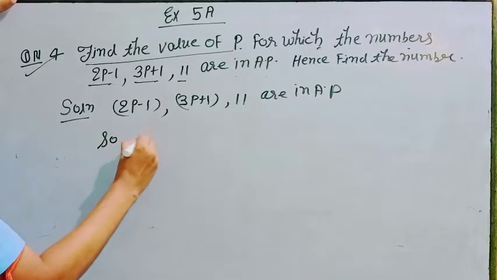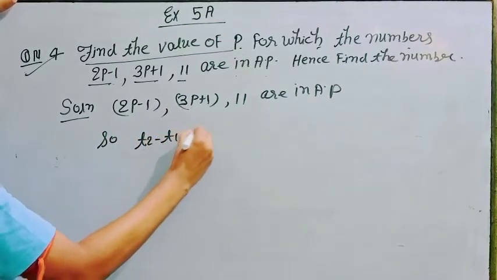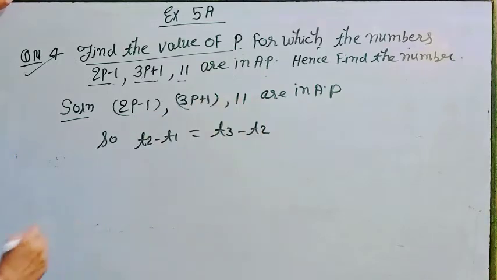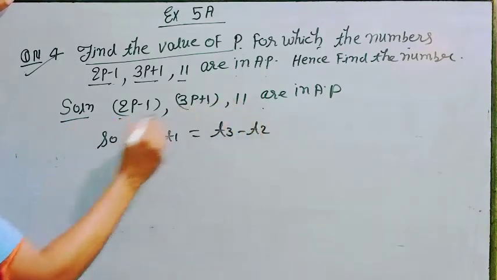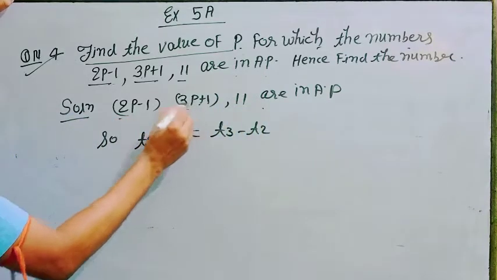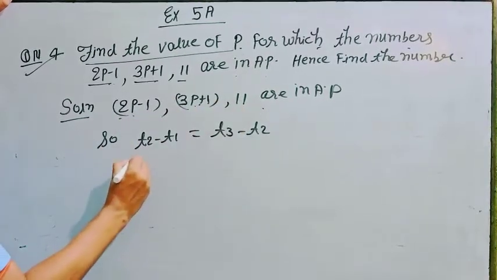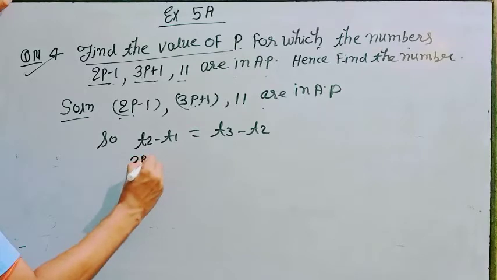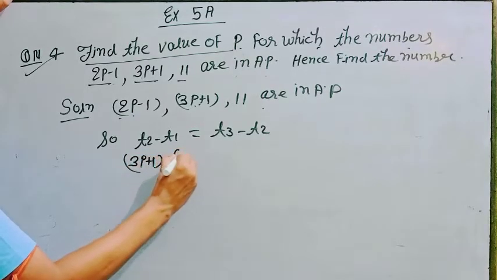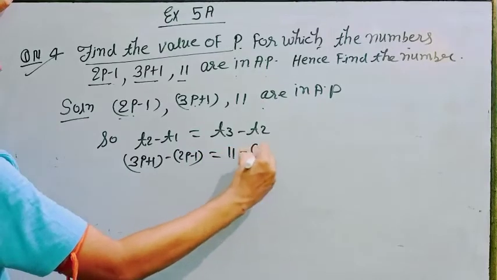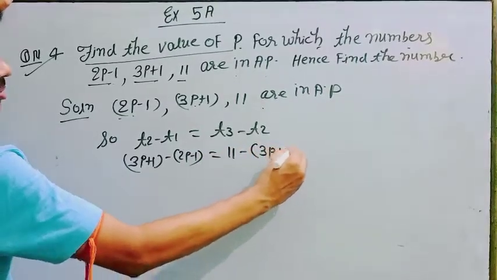So you can say that T2 minus T1 is always equal to T3 minus T2, if it is in AP. So write here 3p plus 1 minus 2p minus 1 is equal to 11 minus 3p minus 1.